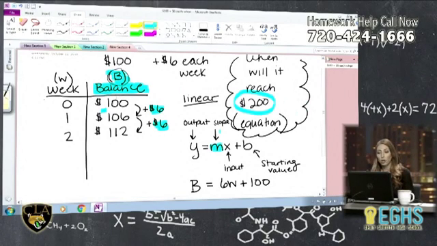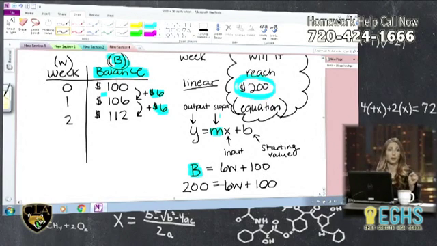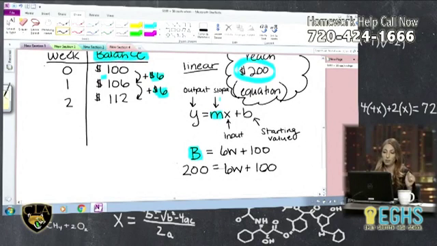So we replace B in the equation with the target amount. We could say 220 is equal to 6 times W plus 100. Then we could solve that equation to find out how many weeks it took him to reach that amount. So there is our equation.